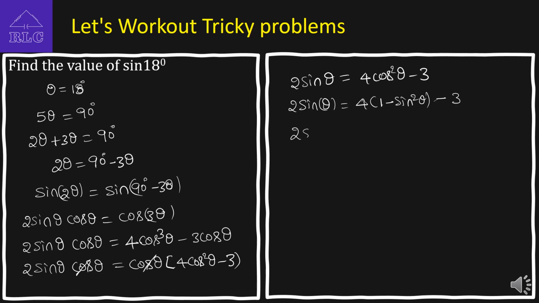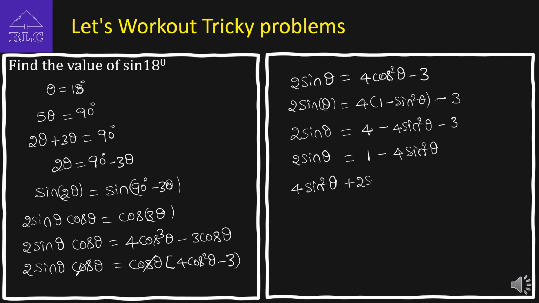So 2 sin theta is equal to 4 minus 4 sin square theta minus 3, which is 2 sin theta equal to 4 minus 3, that is 1, minus 4 sin square theta. If you take everything to the left hand side, we will get 4 sin square theta plus 2 sin theta minus 1 equal to 0.